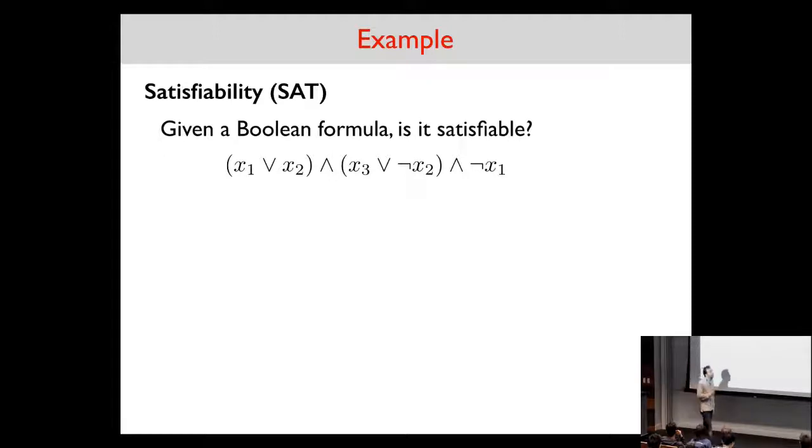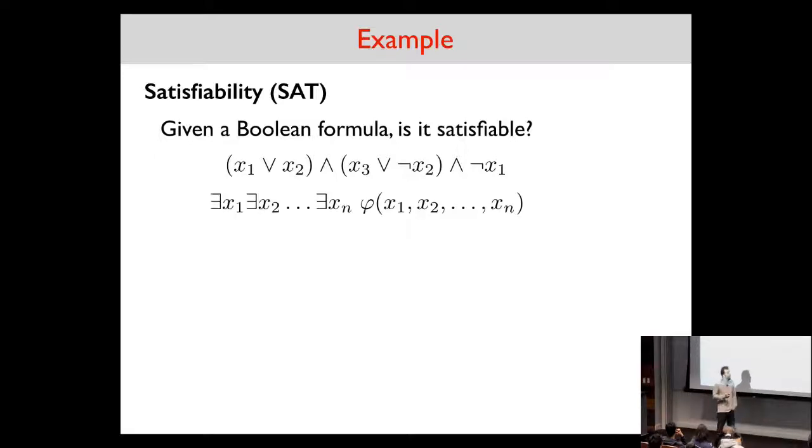All right, here's another example. So we saw the satisfiability problem before. Given a Boolean formula, is it satisfiable or not? We can rephrase this question and say, does there exist an assignment to x1, an assignment to x2, an assignment to xn, such that this Boolean formula, which I'm going to represent as phi of x1 to xn, is satisfiable?